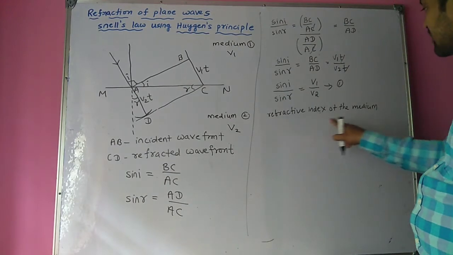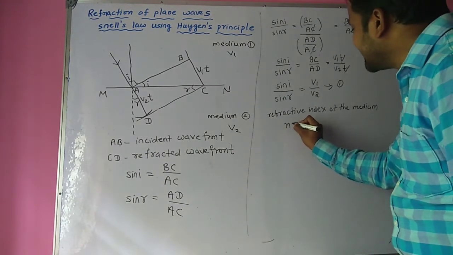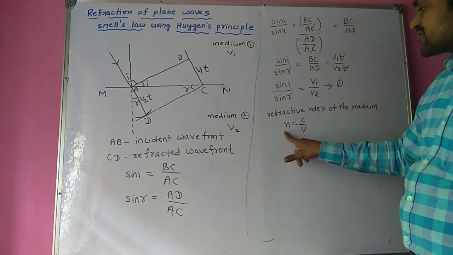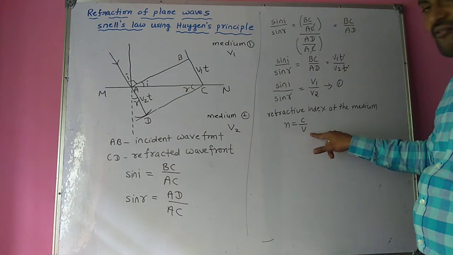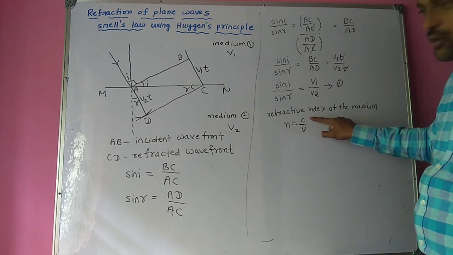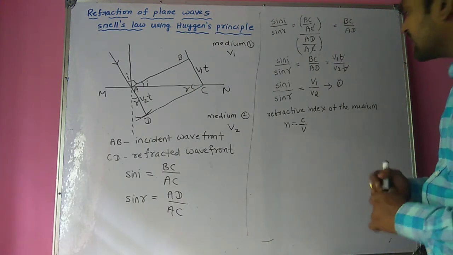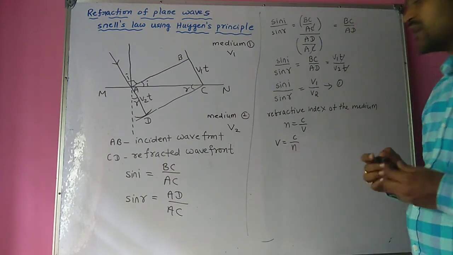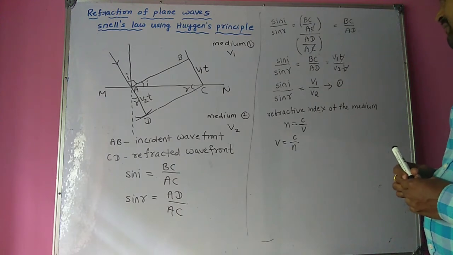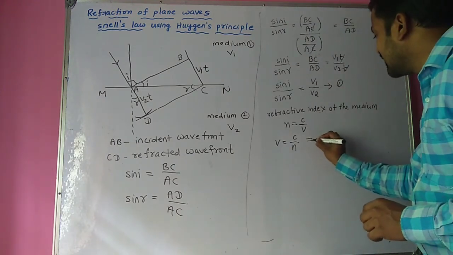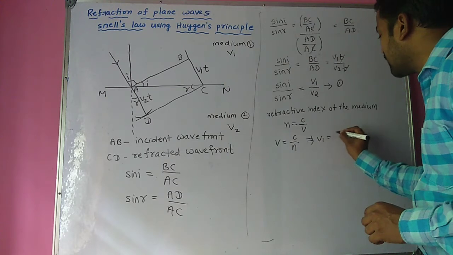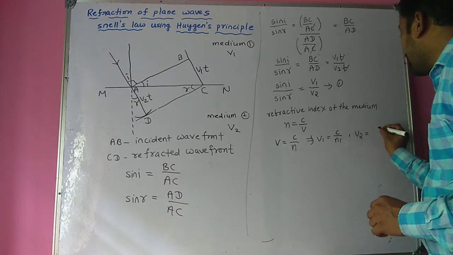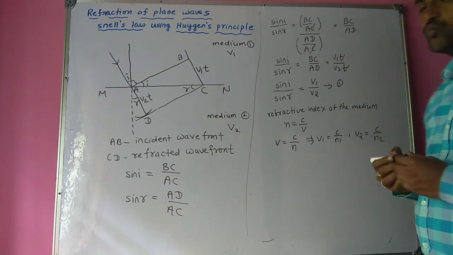We know the refractive index of the medium n is equal to c by v. That is, the refractive index of the medium is the ratio of the speed of light in vacuum to the speed of light in the medium. From that, you can write v is equal to c by n. So v1 is equal to c by n1 and v2 is equal to c by n2.